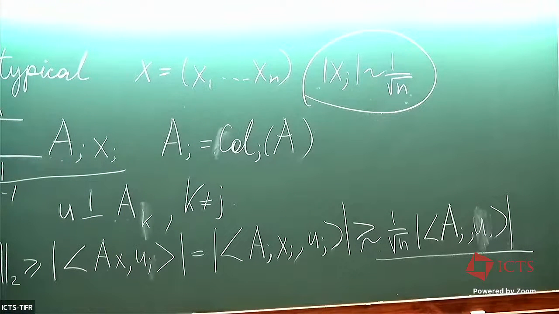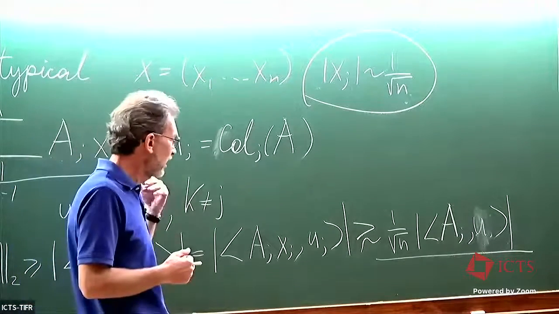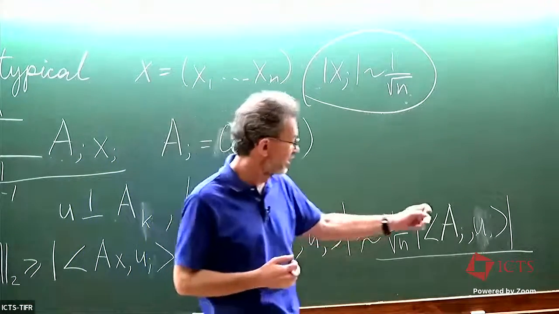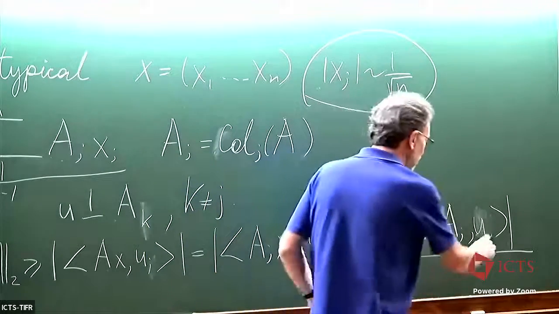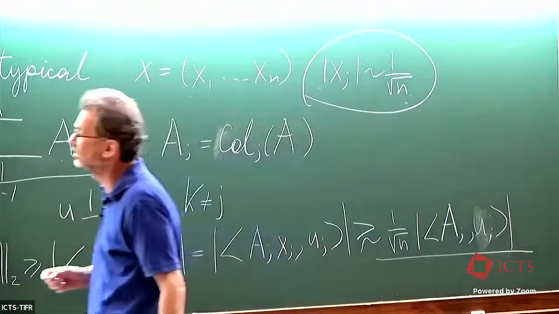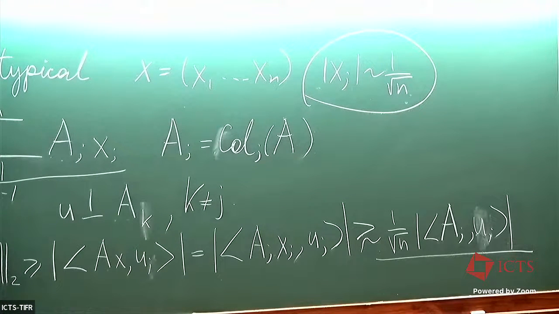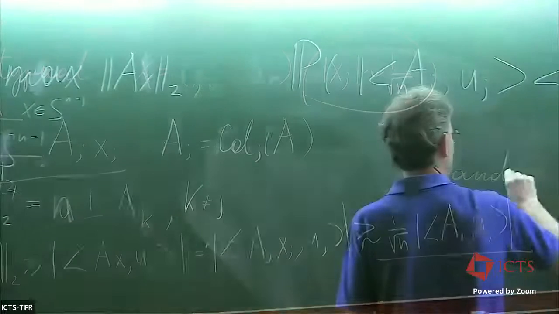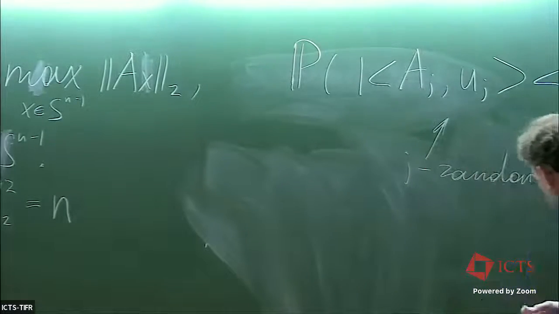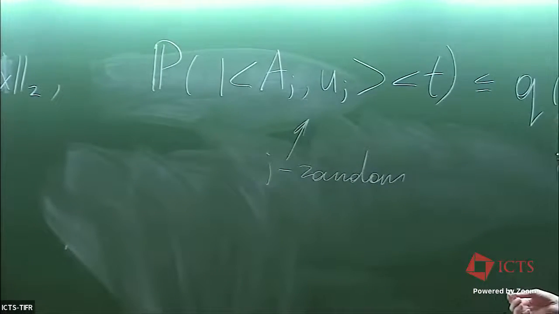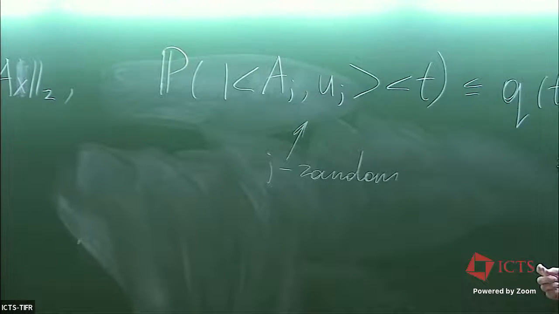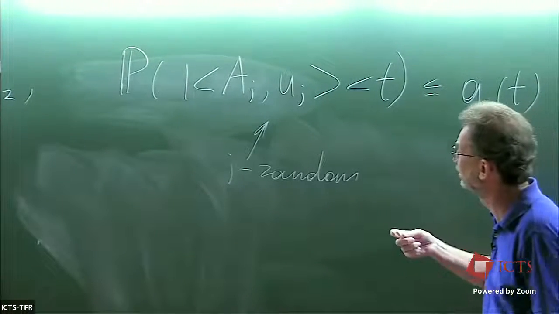Let's introduce another source of randomness. Let's pick the coordinate randomly. And then I will have the product of A_j and u_j with j random. But this doesn't make my problem any harder because the entries of the matrix are IID, independent identically distributed.